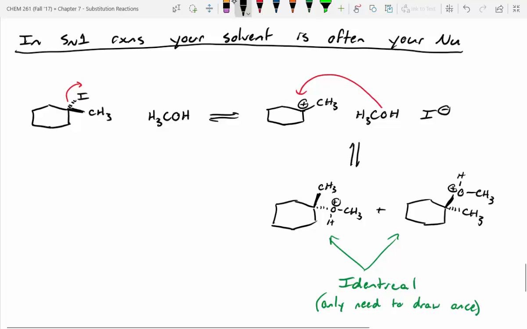All right, and then we also have this iodide floating around. And let's assume we've got excess methanol. Okay, which is going to be the better base, the methanol or the iodide? What do you guys think?